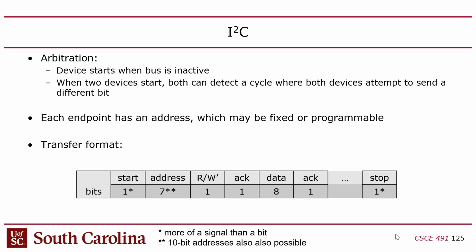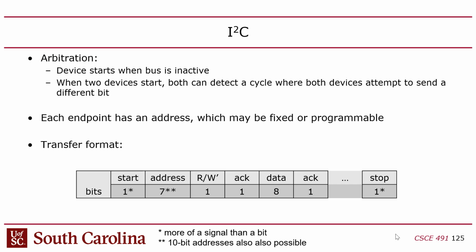This is a start signal. Then there is a 7-bit address sent by the master. There is an extended version of I2C, I believe, that has a 10-bit address, but we're just going to look at the base version, the original version. It's a 7-bit address. And then there's a read-write flag.